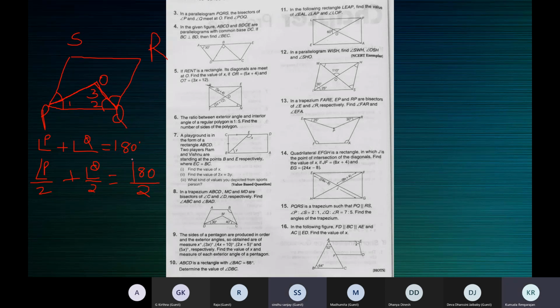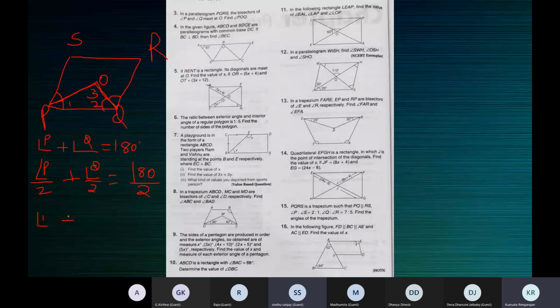Okay, P plus Q is 180. Angle P by 2 plus angle Q by 2 is equal to 180 by 2. We divide every term by 2. Is that fine? Yes, ma'am. Now, what is angle P by 2? What is half of angle P? What do you mean by angle P by 2? Half, divided by 2. Yes, half of P. Can I say it is angle 1? Yes, ma'am.